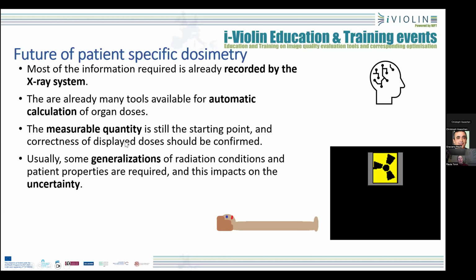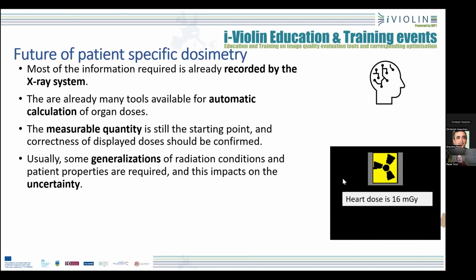However, we should keep in mind that there are always some measurements behind that value, whatever display we have. We should make sure that we don't just put the patient in a black box and don't know what is happening there. Even if it gives us some kind of dose estimation, we need to make sure that we can rely on the value and that it's verified.